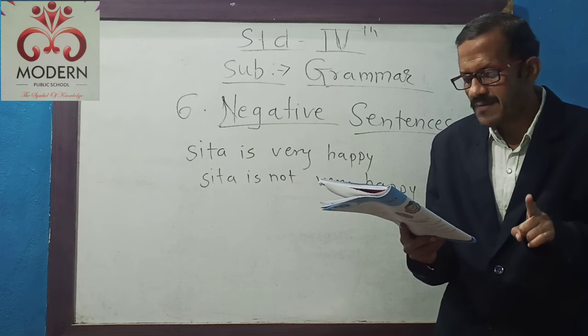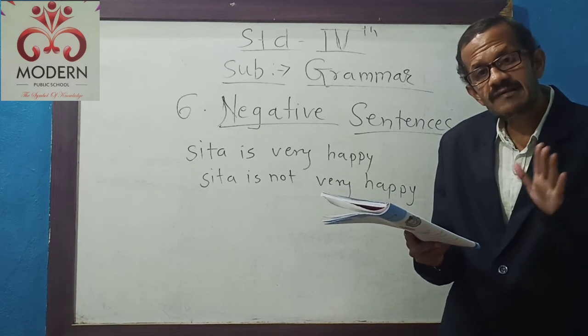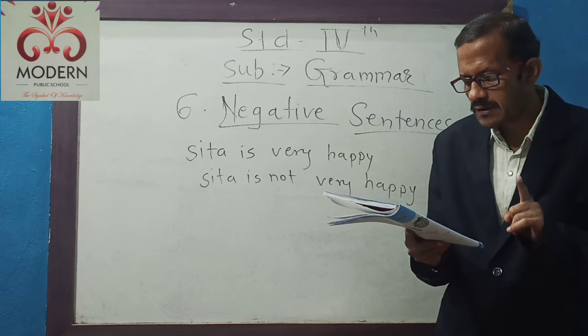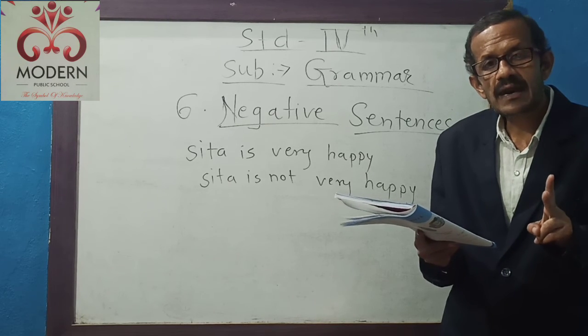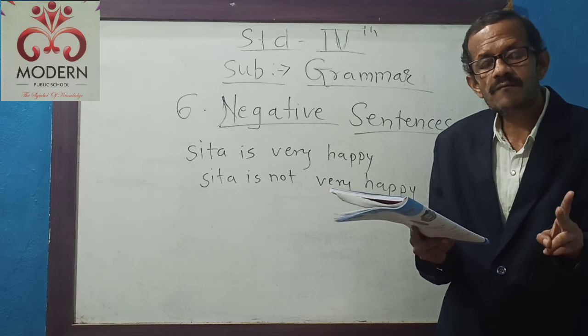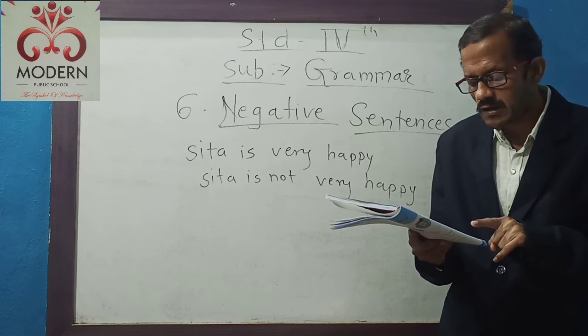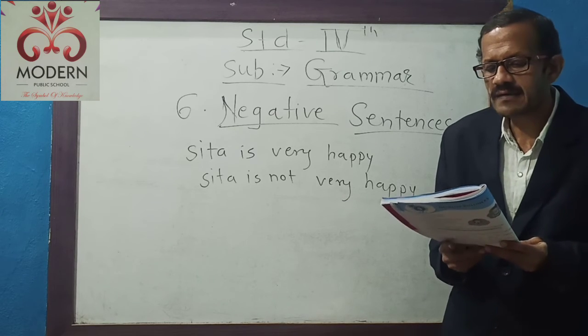When there is the verb am, is, are, then we write not after these words. And we write not after the first word when the verb has more than one word. If there are two words, then we write not between the first verb and the second verb. And we use don't before the sentence when it is an imperative sentence.